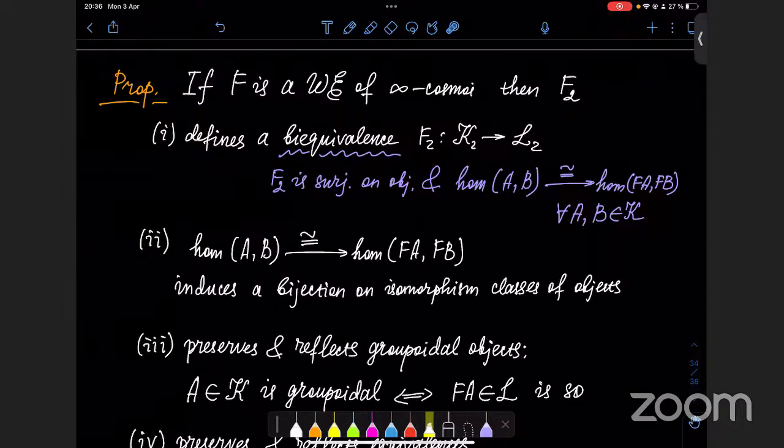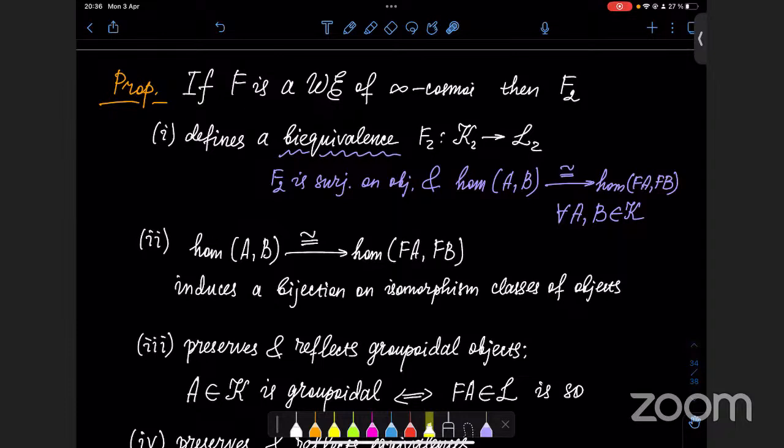The last proposition is the main result of our seminar.